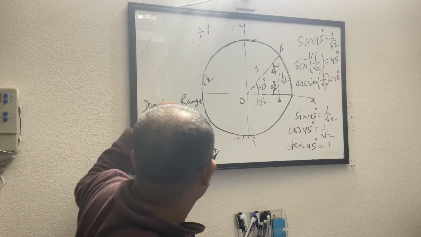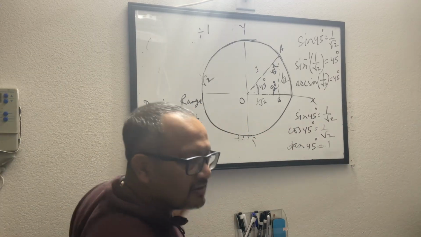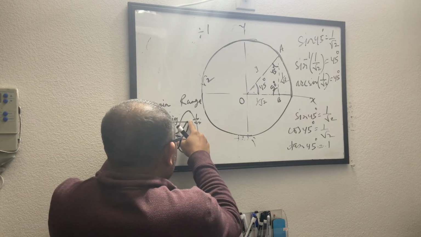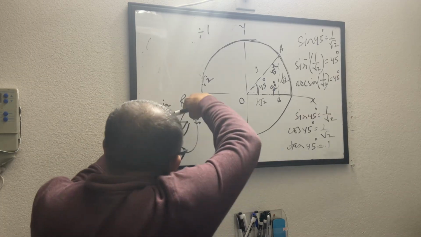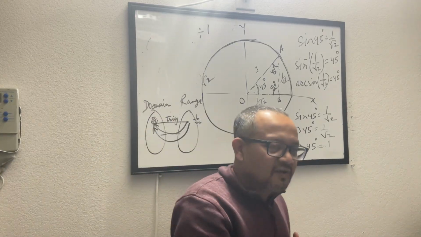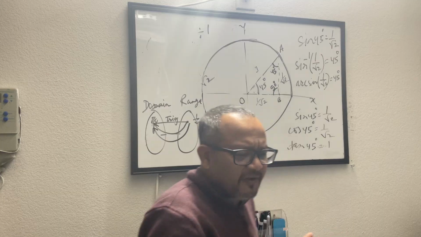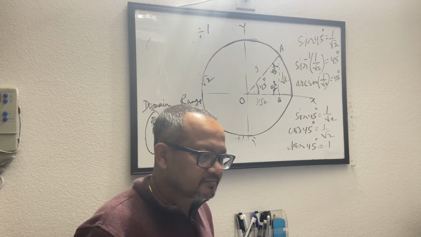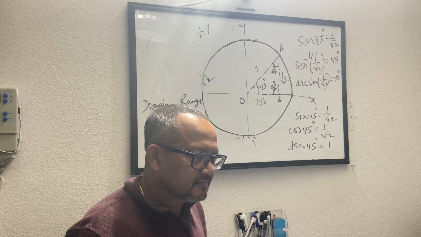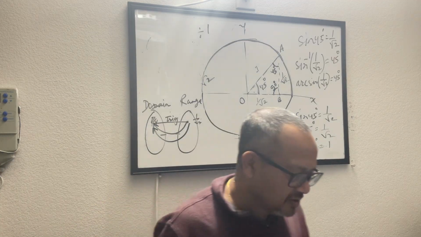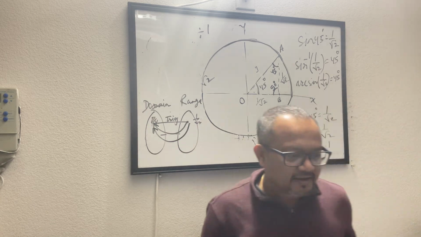You have a domain, you find the range. You have the range, find the domain. When you're traveling from domain to range, you're talking about trig function. When you're going from range to domain, you're talking about inverse trig function. And that's fair also, right? I mean, you're inverting the whole flow. Is that digestible so far? Everybody?